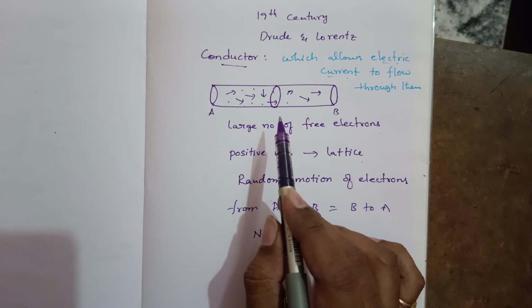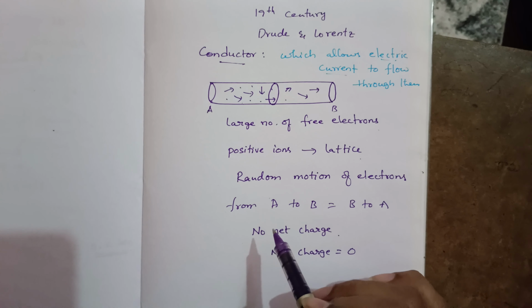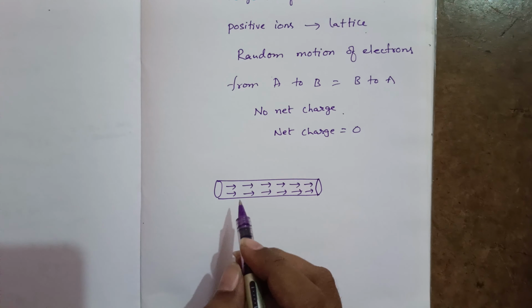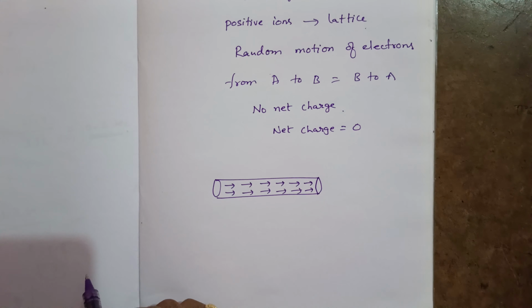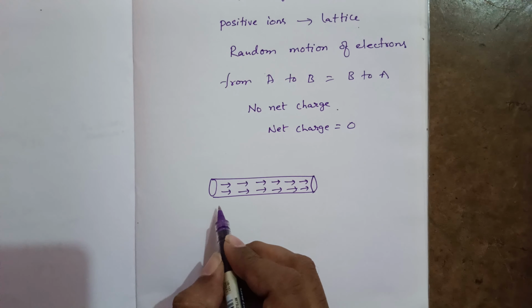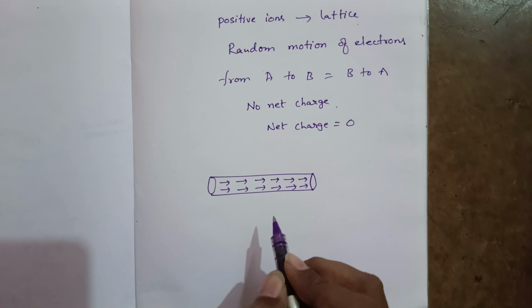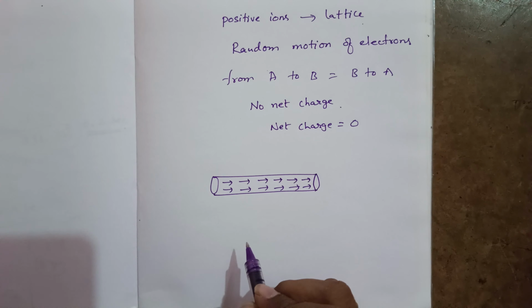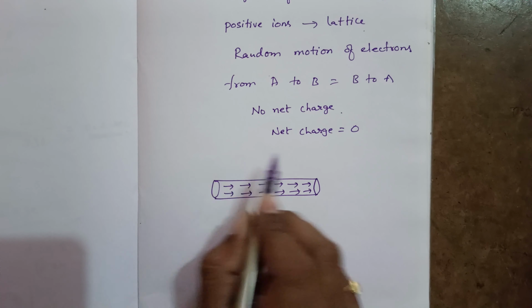If the same conductor is connected to the battery, or any cell, any source, then that source provides an electric field throughout the conductor.